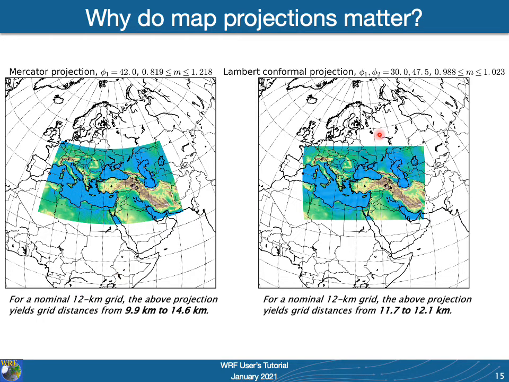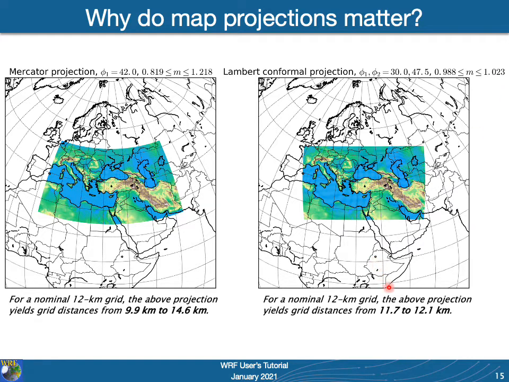Now on the right, we've set up our model domain using the Geogrid program with a Lambert conformal projection and true latitudes of 30 degrees and 47.5 degrees north. And with this choice of projection and true latitudes, we get map scale factors that range from 0.988 to 1.023, so only about a 2% deviation from the ideal value.